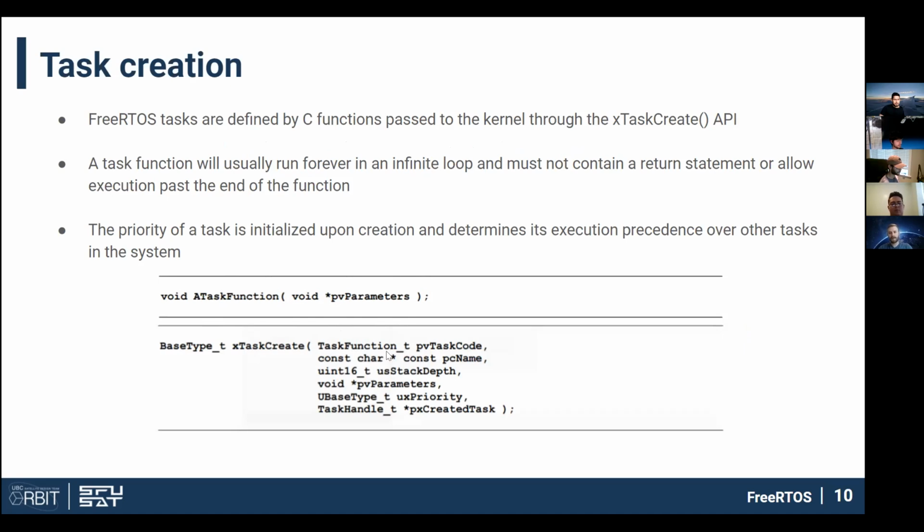You generally won't use the parameter passed to a function, but it can be useful if, say, you want to instantiate one task multiple times. Like if you have a task that runs an SPI driver and you have multiple SPI controllers, you can instantiate that task multiple times and just pass in the base address to whichever controller that task will use.